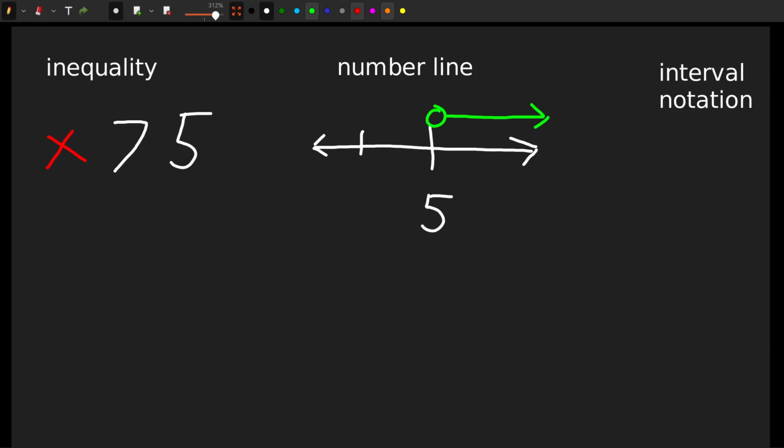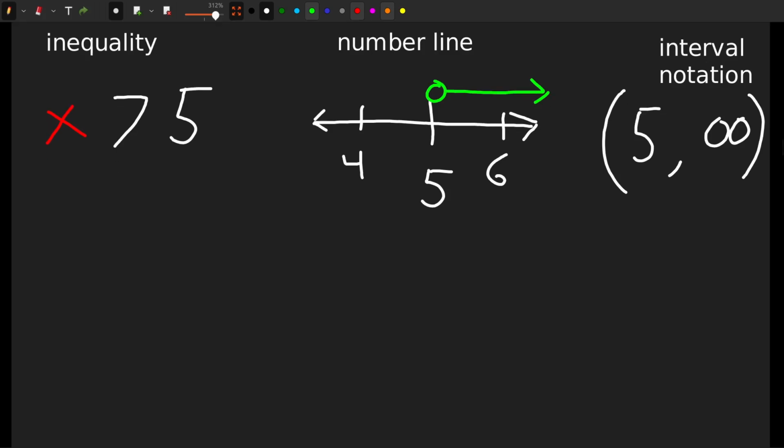Additionally, you can have 4 and 6, but for simplicity, I'm going to make my number line pretty simple. And then interval notation of this would be 5 to infinity with parentheses, since we're not including 5, and we can never actually reach either positive infinity or negative infinity.